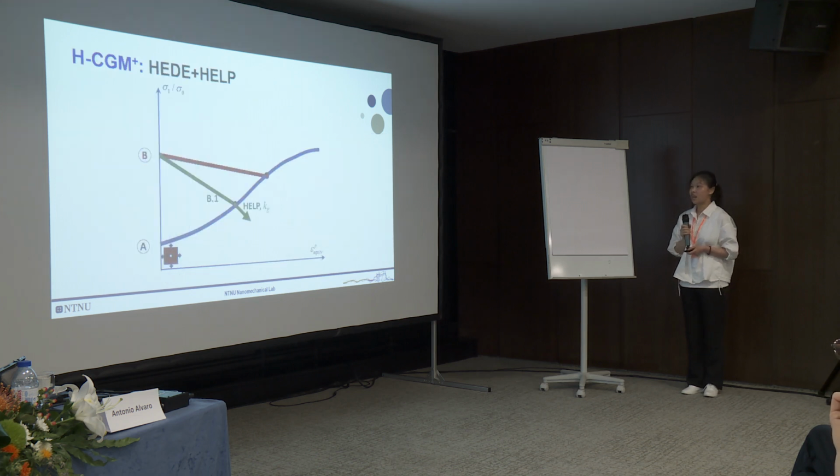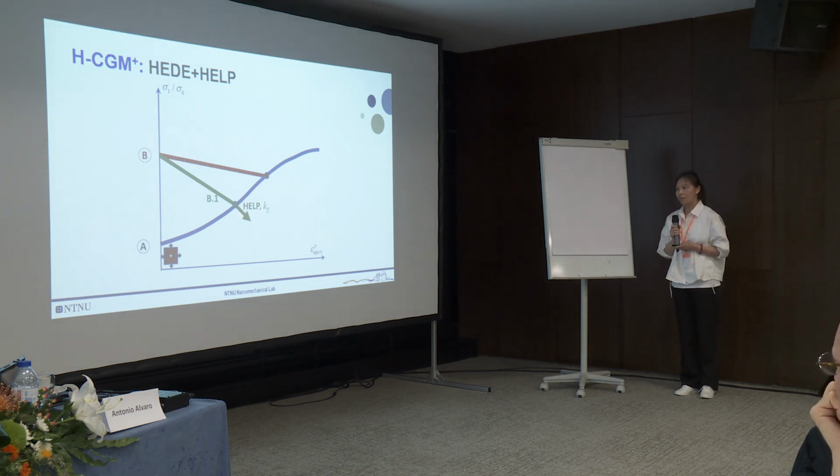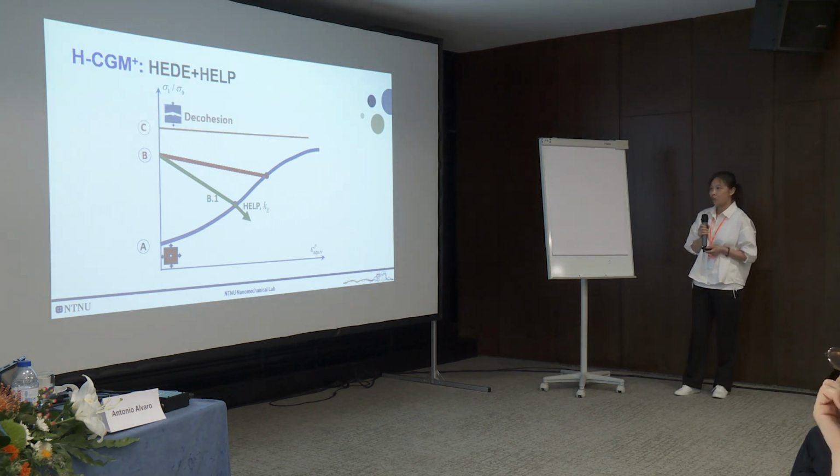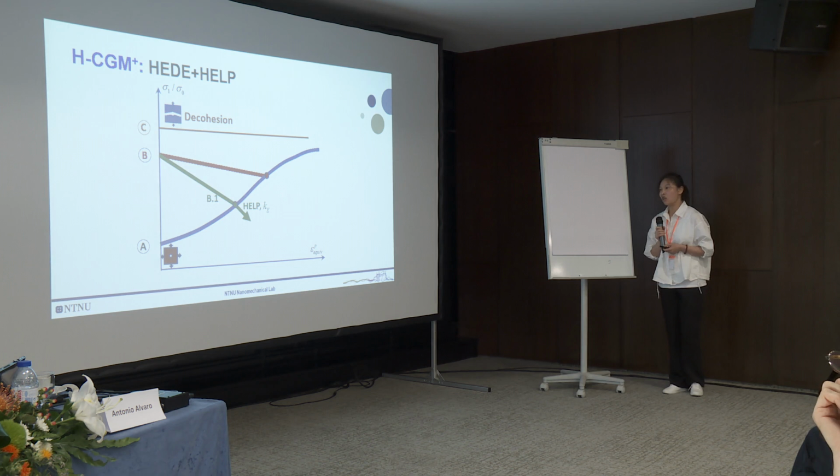And then let's see how hydrogen will influence the complete Gurson model plus. This figure shows the hydrogen influence on the complete Gurson model we just talked about. And based on this, we have path C. Without hydrogen, usually the decohesion stress is very large in the material.